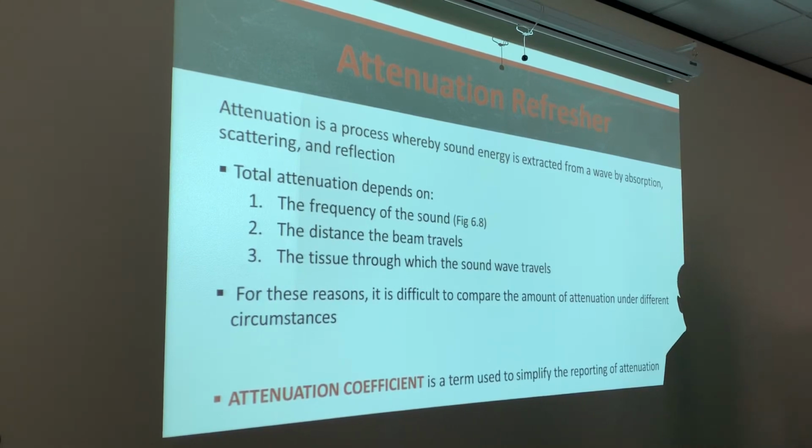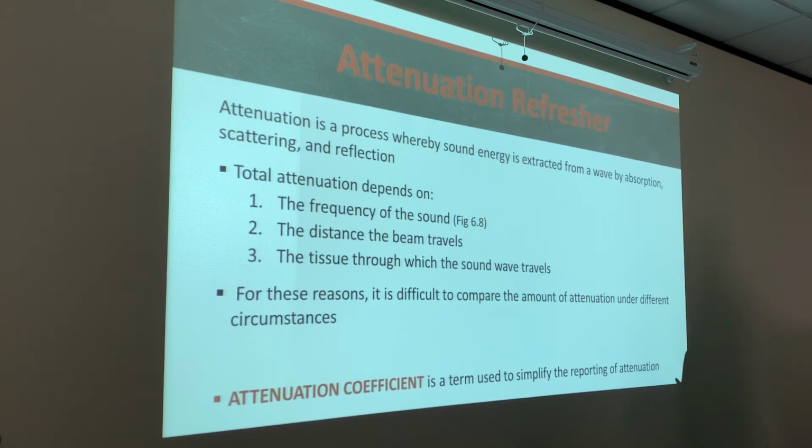Because we're going to talk about impedance next, and some structures in the body are more resistant to sound traveling than others. Sound's going to travel really great through water or a fluid, and really great through the bladder. That's why you have that brightness, the acoustic enhancement posterior to the bladder, because sound is able to travel through there very well.